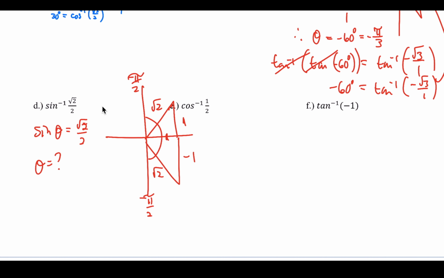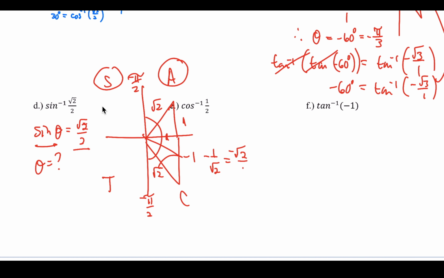Again, sine of theta is positive, and sine is only positive in the first and second quadrants. All students take calculus. So I know that it can't be here, because opposite over hypotenuse here would be negative 1 over root 2, which is negative root 2 over 2. But this one would be 1 over root 2, which is root 2 over 2.